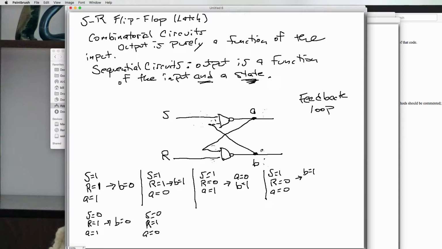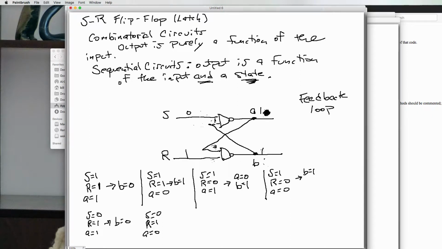All right, so we have S is 0, we have R is 1, we have A is 0. So I come over here and I have a 0 and a 1 going into a NAND gate. That's going to make this a 1. I come over here, that's going to make this a 1. A 0 and a 1 going in here is going to make this a 1. So now this is 1.